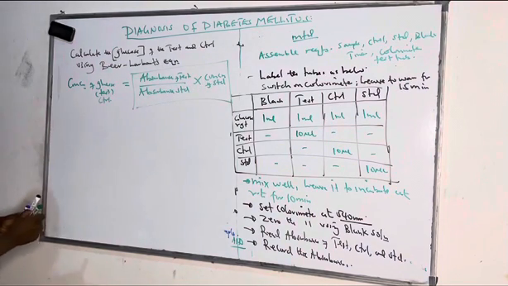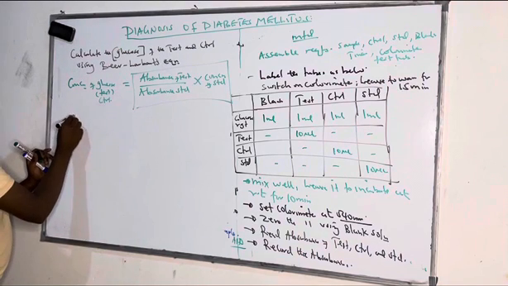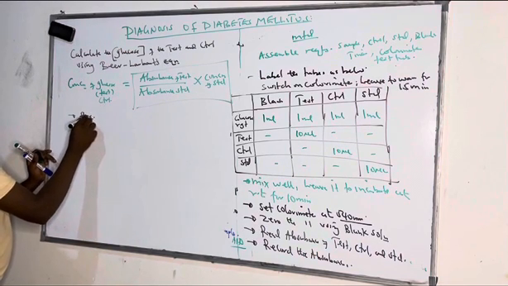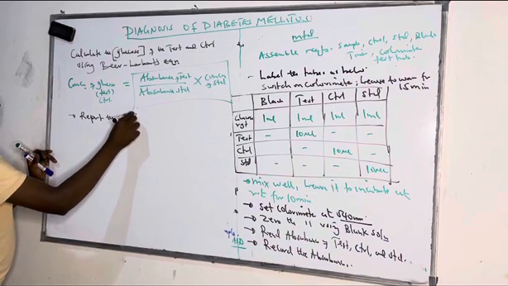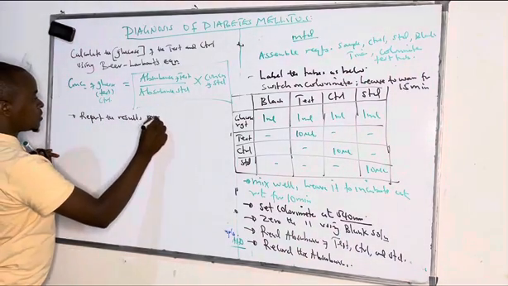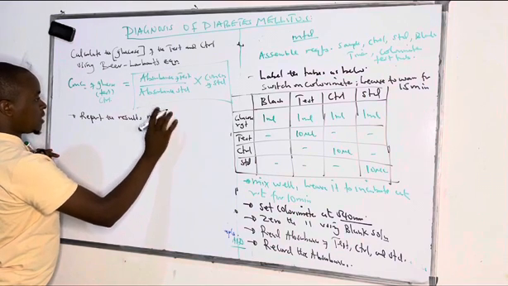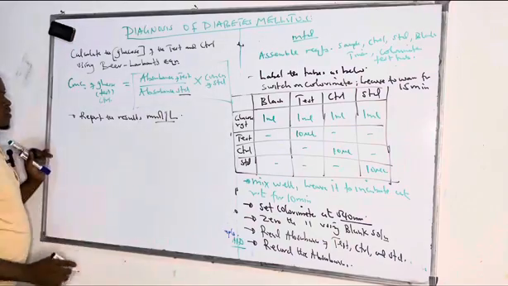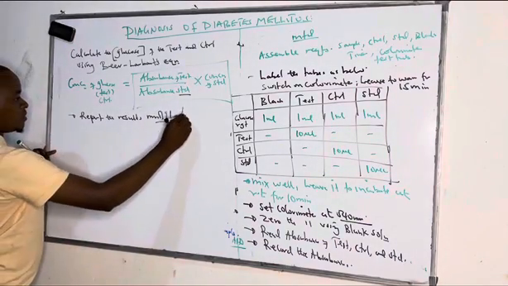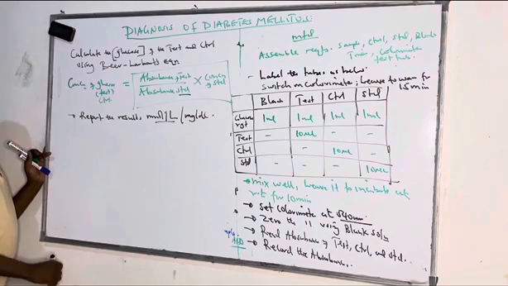After we have calculated, we record. We report the results depending on the units of the standard. It can either be millimoles per liter or milligrams per deciliter.